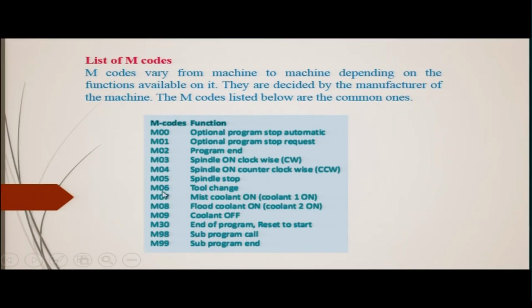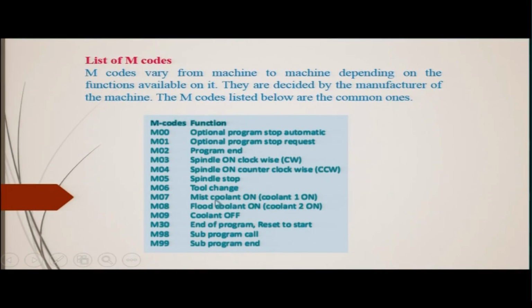If you have to stop the spindle, it will be M05. Program end is M98, subprogram call, and M99 is the subprogram end and so on. So if you have to call a subprogram, it is M98, and to end it, M99. End of program is M30, that we have already seen, that is the end of program, reset to start.